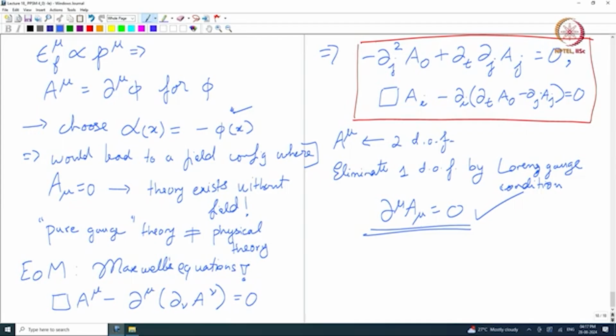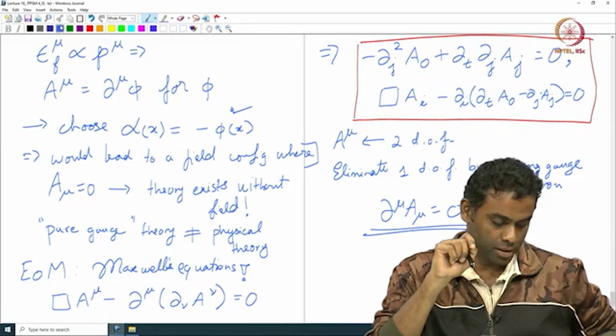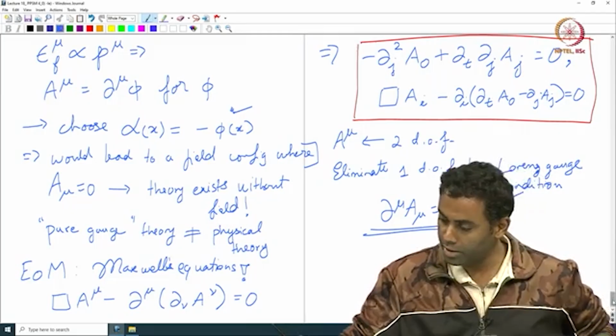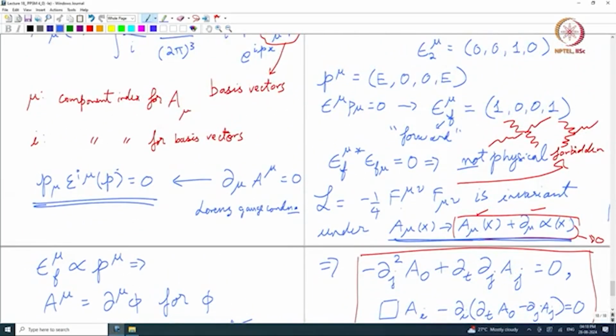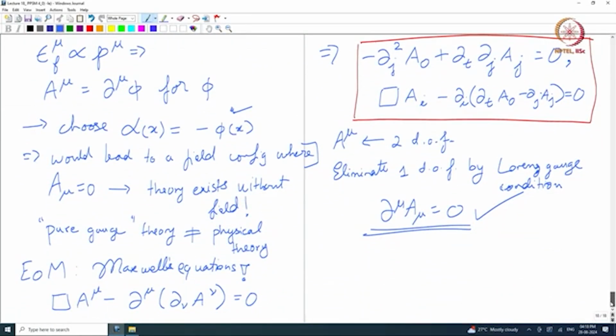This is where a very cunning trick has been devised to embed particle physics into field theory. And the trick is, remember that you have freedom in your gauge, right? You can pick alpha x to be whatever you want, correct? So the trick then is to fix the gauge. That is why I am writing this in capital letters. This is a very, very important trick to make field theory and particle physics talk to each other.